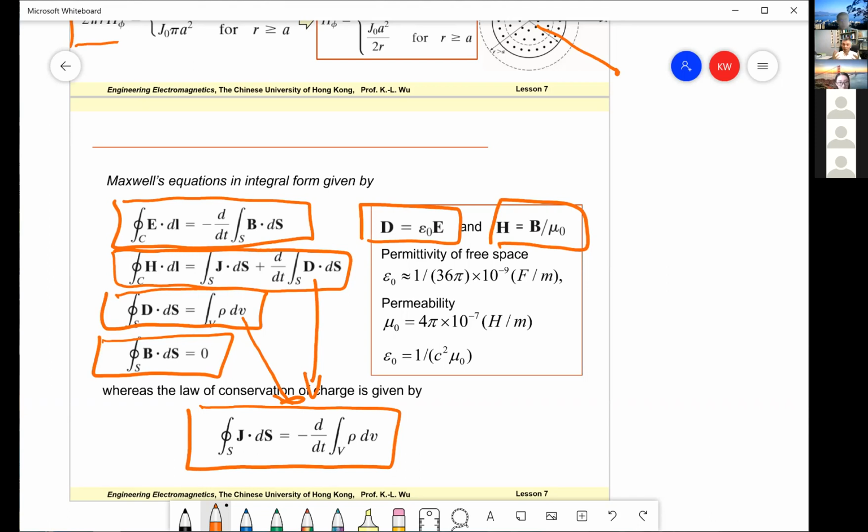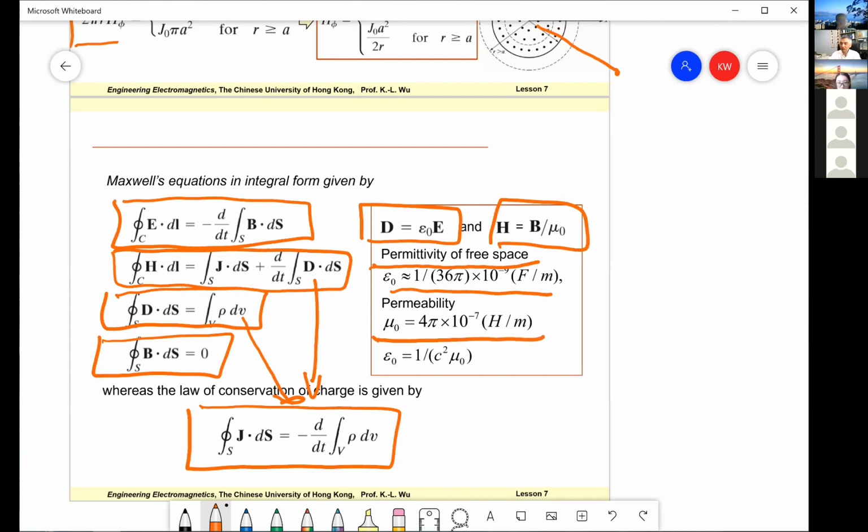We also introduced two constant parameters. One is permittivity, which relates to the electric field. In free space, the permittivity is a constant. For the magnetic field, the permeability is also a constant.